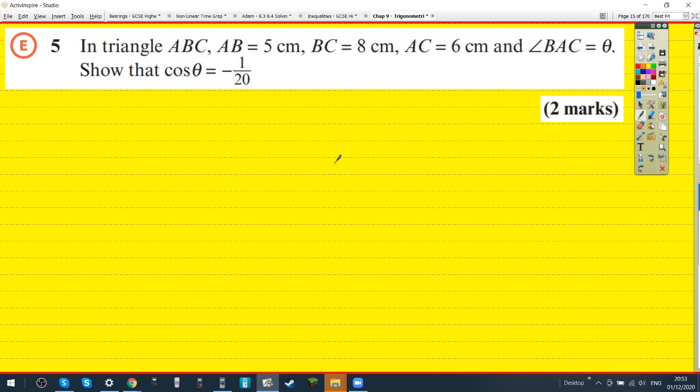So it says BAC is theta, is that theta, right? Is that theta? Okay. Theta is like x for angles.